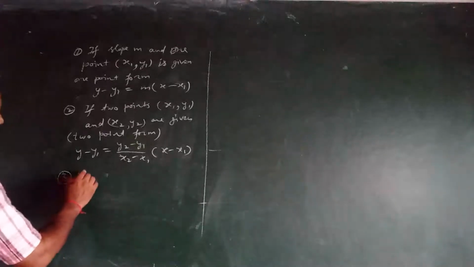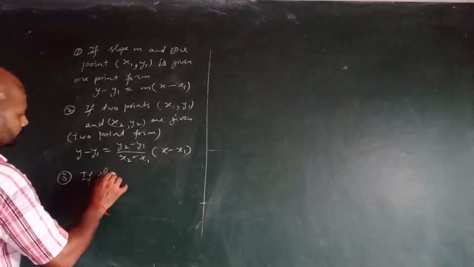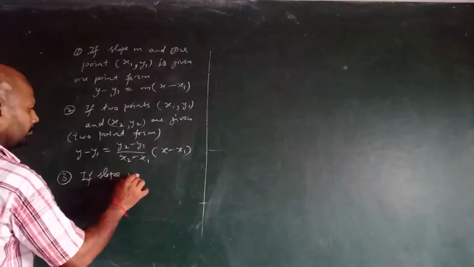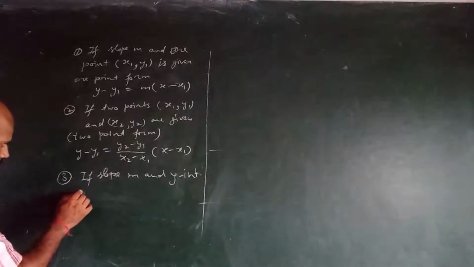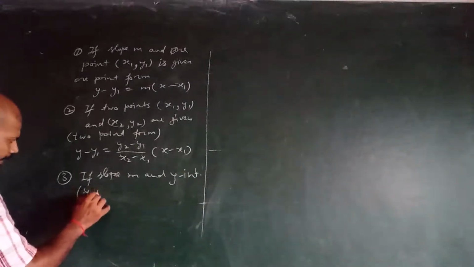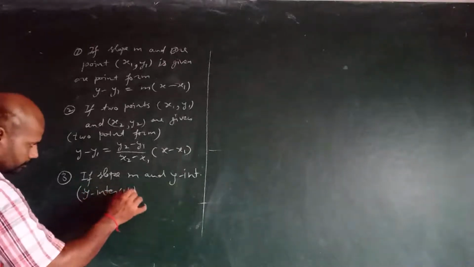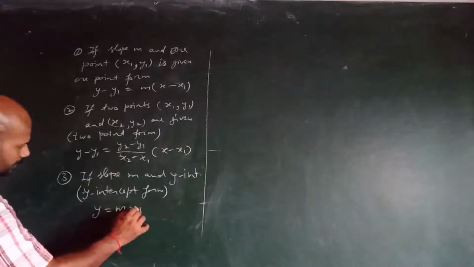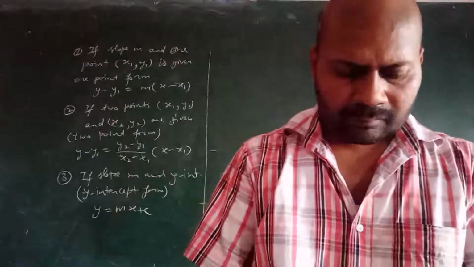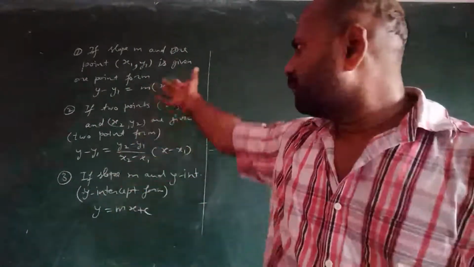Then the third one: if slope m and y-intercept are given, then this is the y-intercept form, and the equation is y equals mx plus c. If we simply put the values in the given formula, we can find the equation.